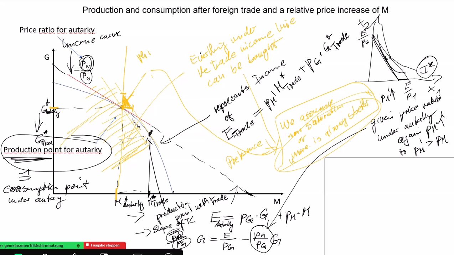So this triangle represents consumption points where we can say that these baskets are preferable compared to the situation of autarky.